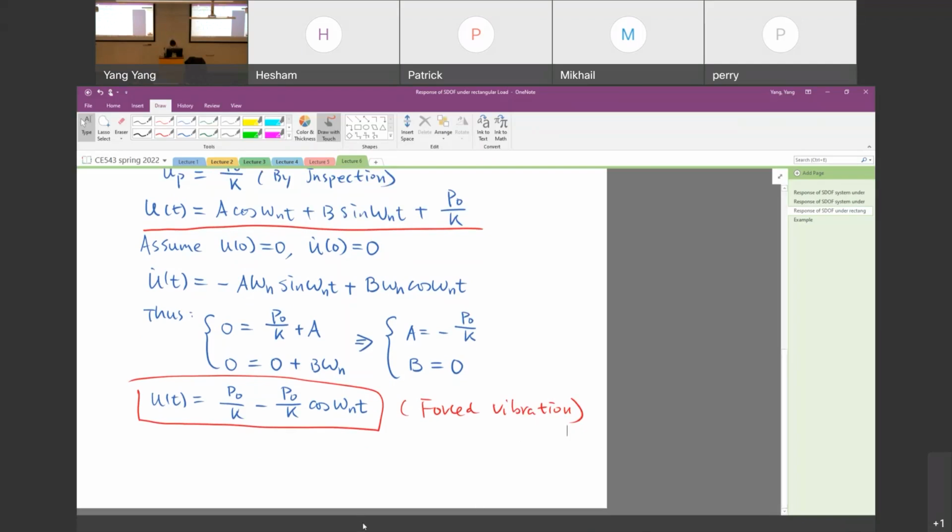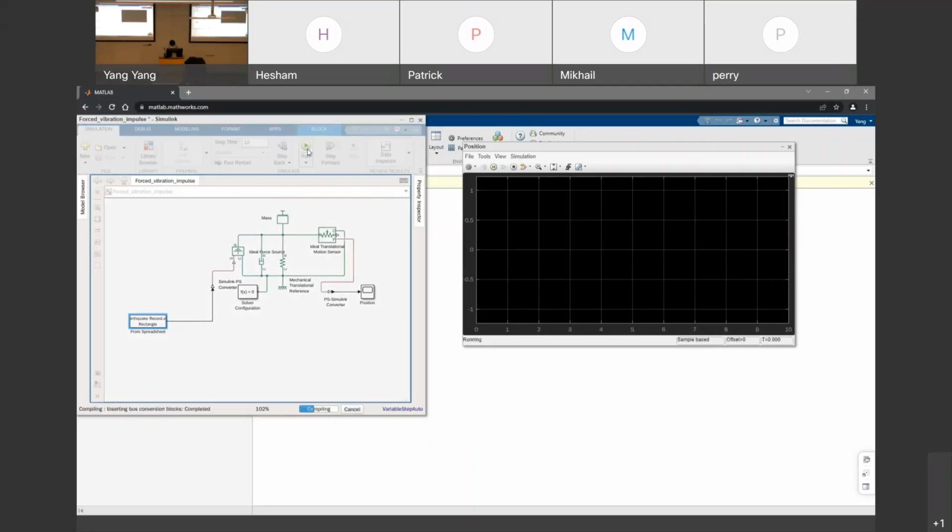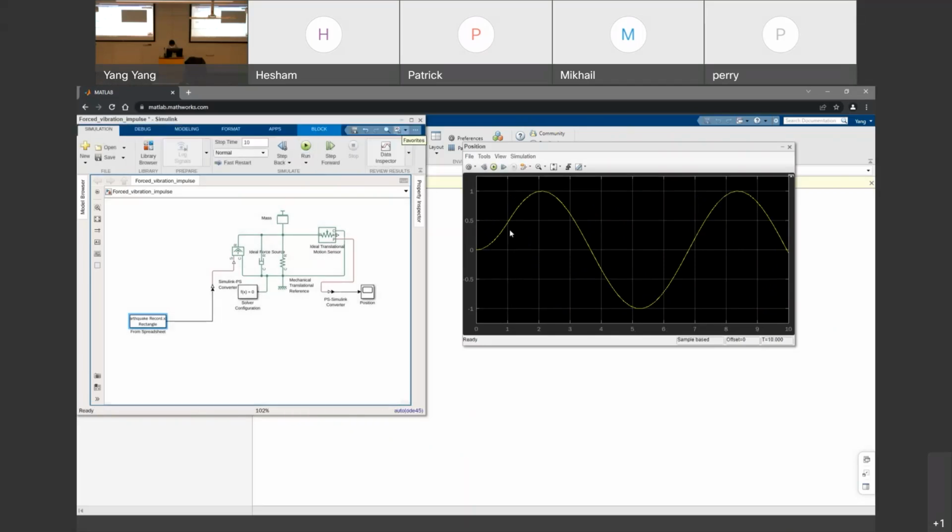We took a look at it, and actually the initial part is not a sine wave. It's not a sine wave. This duration is 1 second. We just move that to here.